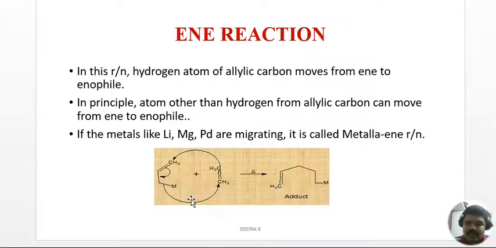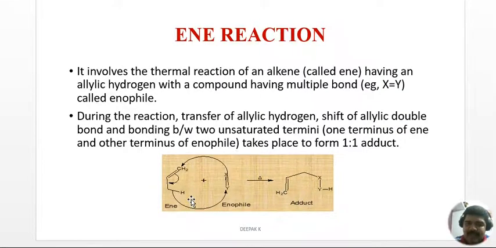This is a particular reaction, and we are following only the general Ene reaction which has an allylic hydrogen. And what is happening in this reaction? You can find some similarities with two other pericyclic reactions. First of all, it's similar to the Diels-Alder reaction, in which you have two sigma bonds formed. Here also two sigma bonds are formed.